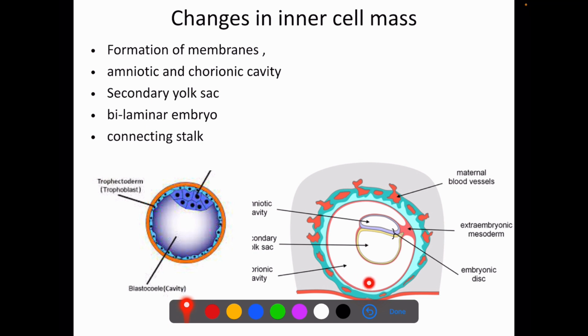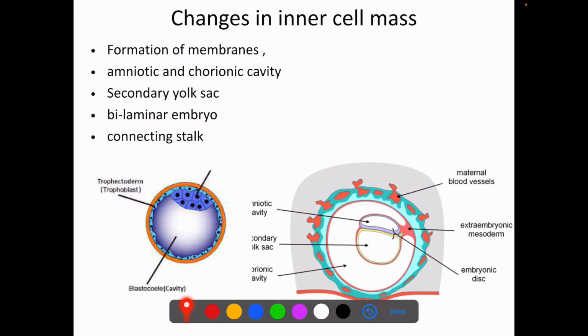Okay, this extra embryonic mesoderm, it further divides itself into somatopleuric and the splanchnopleuric extra embryonic mesoderm with the development of extra embryonic coelom. Okay, now why this is important? Because this extra embryonic mesoderm, this we are going to consider or study during development of villi.